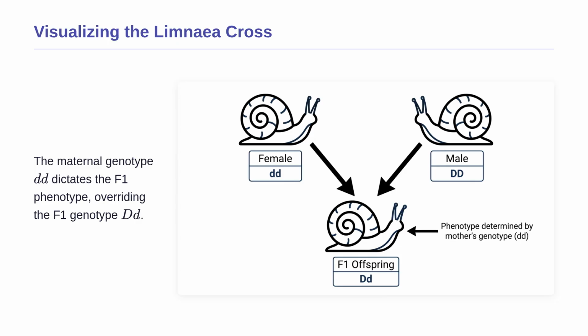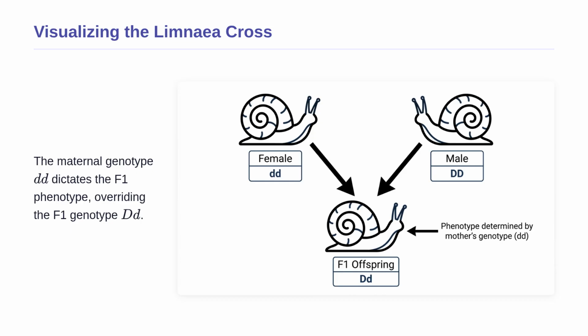Let us visualize what we just calculated. On the screen, you see a diagram of our snail cross. On the top left is our female snail, clearly labeled with her lowercase dd genotype and showing a left coiling shell. On the top right is the male, with a capital D genotype and a right coiling shell. Follow the arrows down to their offspring.